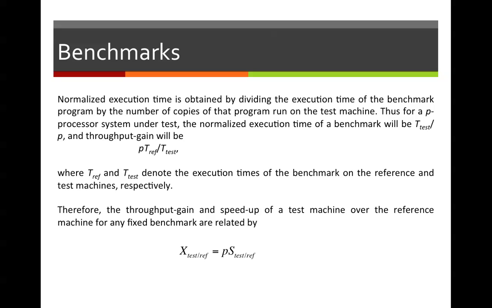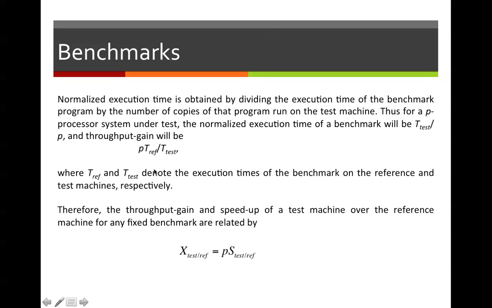This relationship is intentional in that you can get one of the performance metrics from the other. If you just compute the speedup, then you can multiply that by P to compute the throughput. All of that comes from here. This is the speedup, and P times the speedup gives you the throughput.